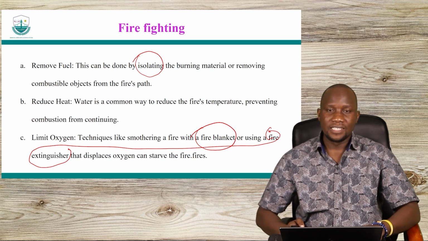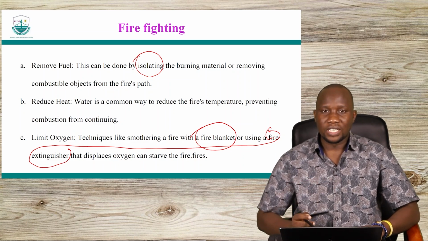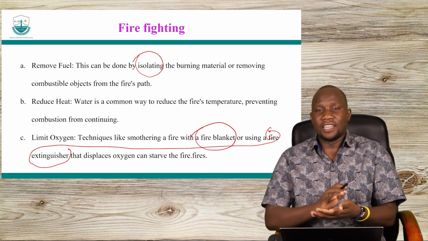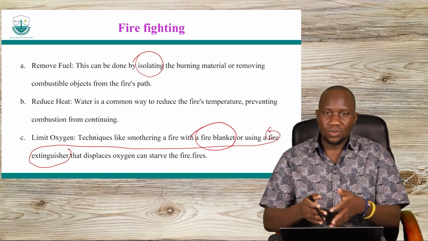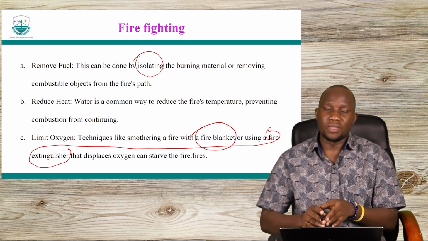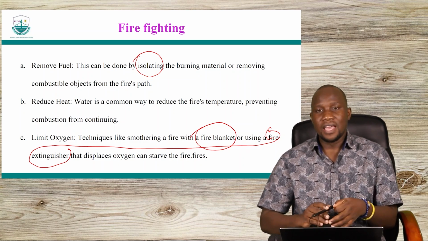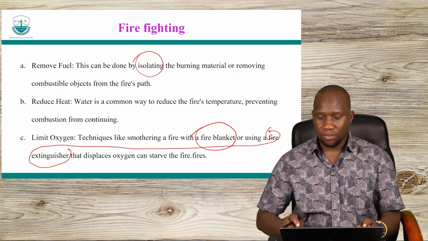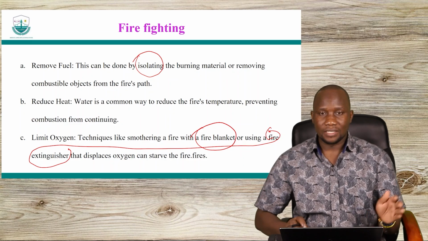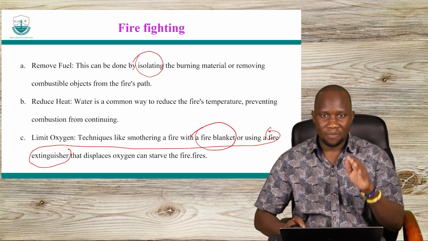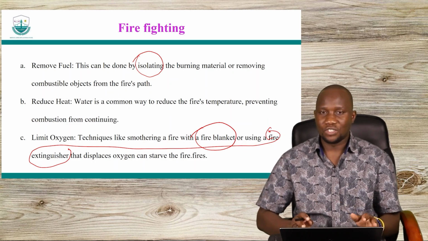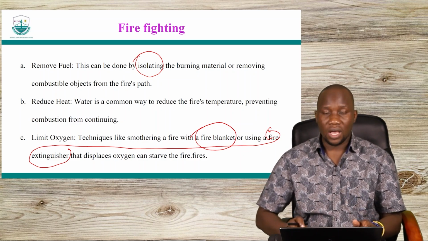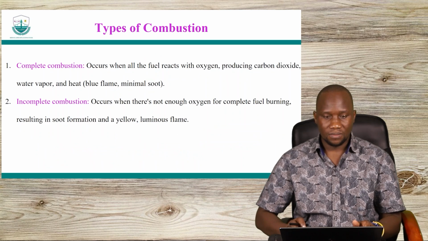What it does is displace the oxygen and take over, forming a layer, which means oxygen does not get to the point where the burning is happening, and therefore the burning will stop, since carbon dioxide does not support burning. It says, please move away, let me occupy this place. When it occupies it, no more oxygen, no more burning. That's how the fire extinguisher works.